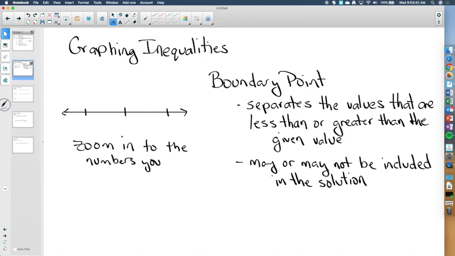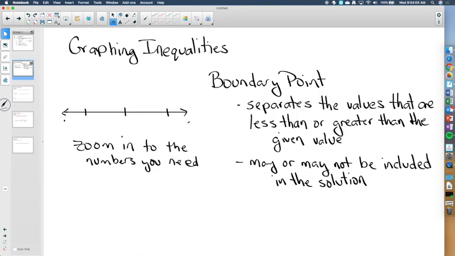But we don't need to have the entire number line every single time. As long as I've got these arrows on the ends of my number line, that's just saying that the numbers keep going forever to the left and the numbers keep going forever to the right. I don't need to worry about including the whole number line. I just zoom into the part that I'm going to focus on.